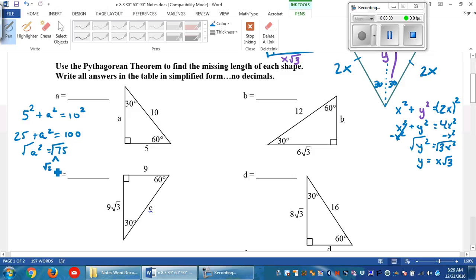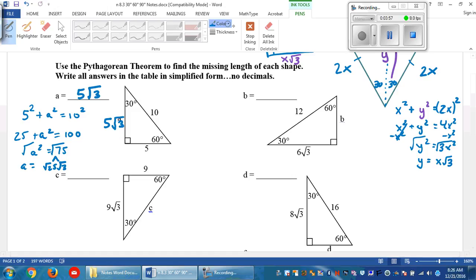We need a perfect square, so we get 25 and 3 from the previous units that we did, so 5 root 3. So this side is 5 root 3. Notice the pattern sticks. This side's x, this side's double it, this side's an x root 3.